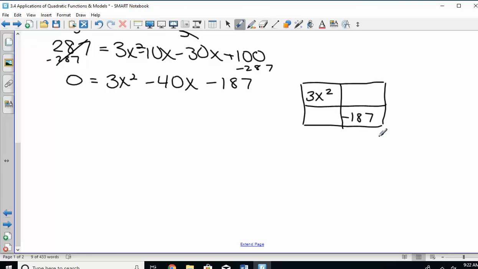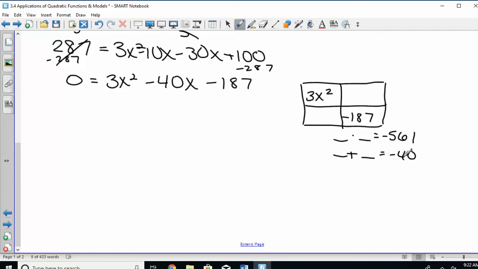Okay, those multiply to negative 561. It's a small number. Yeah, it could be so much bigger. And it needs to add to negative 40. Find the numbers.